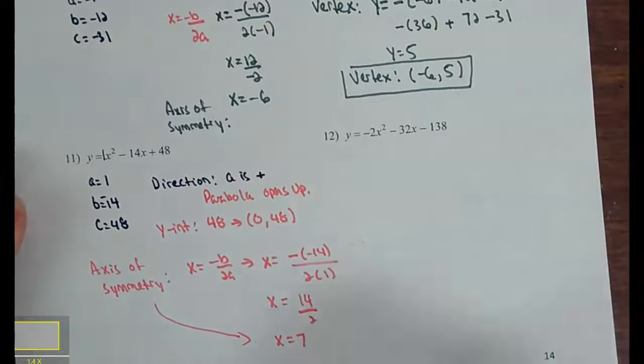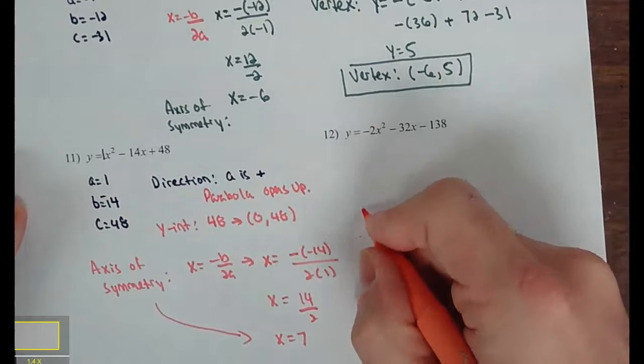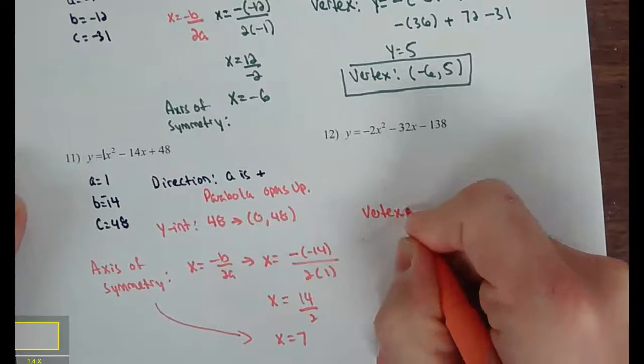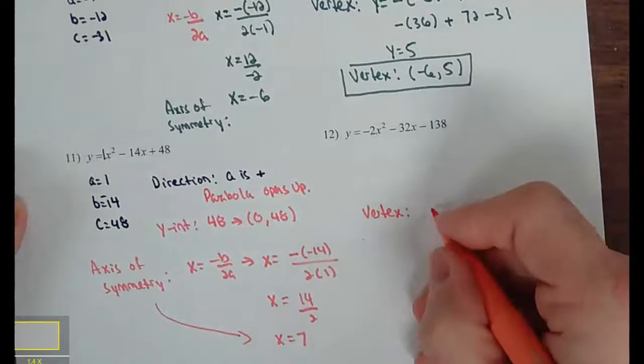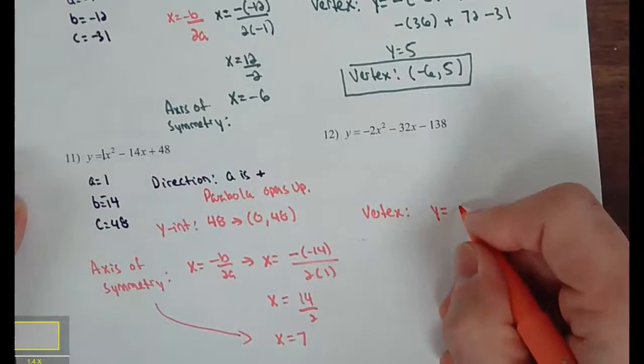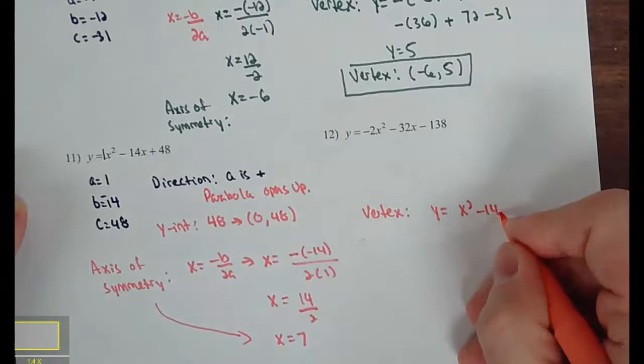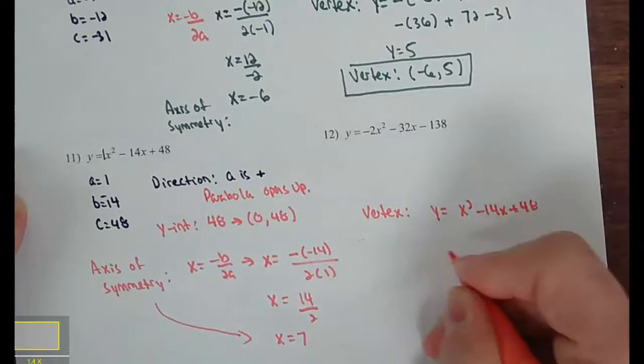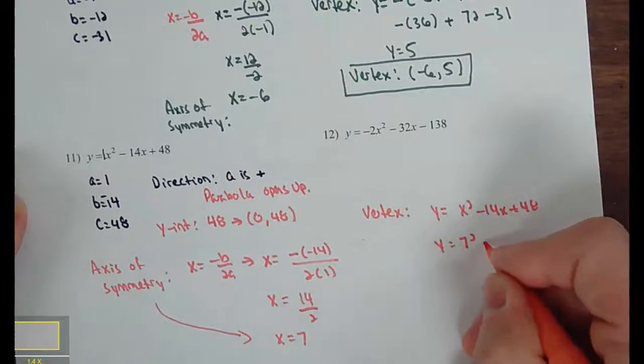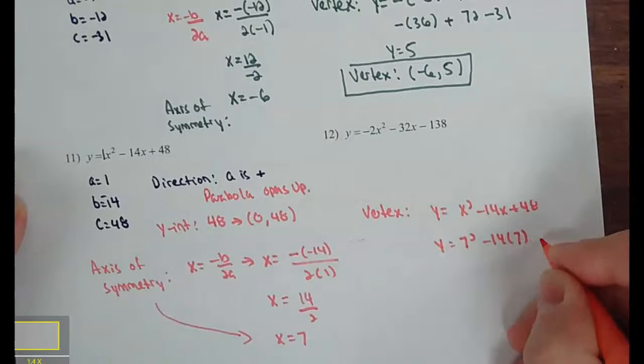And then we can find the vertex by plugging 7 into our original equation, which is y equals x squared minus 14x plus 48. So I get y equals 7 squared minus 14 times 7 plus 48.